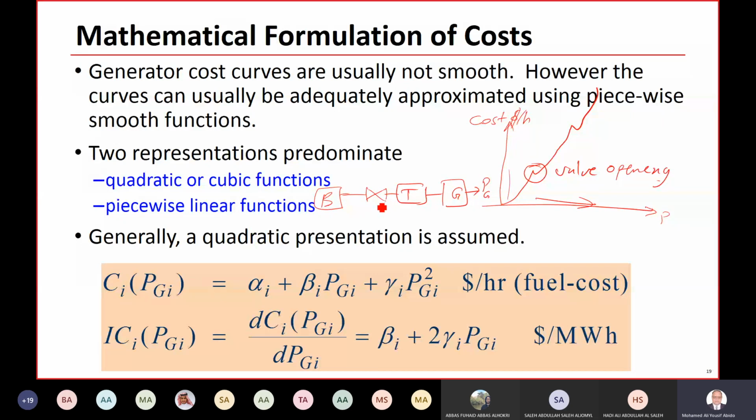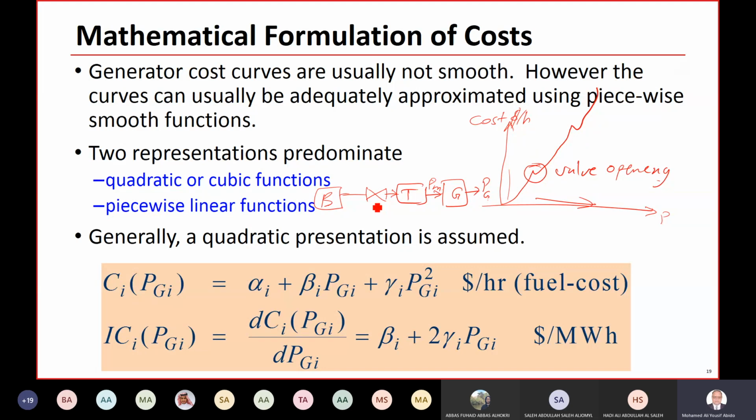This valve controls the steam that goes to the turbine, which will definitely affect the mechanical power input to the generator. If you need more power, you have to open this valve more, to allow more steam and more power. This is what we call the valve opening. When you open this valve, the opening is not smooth.